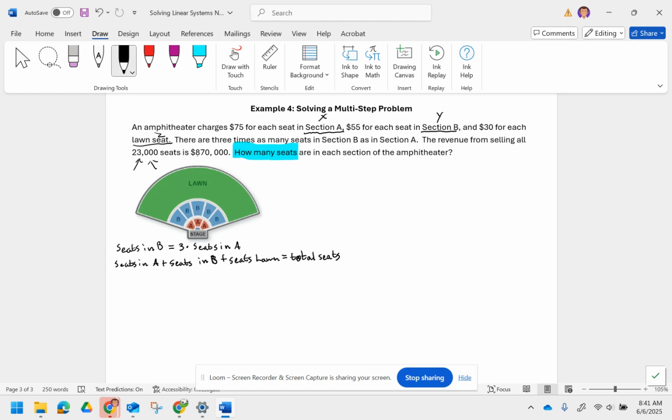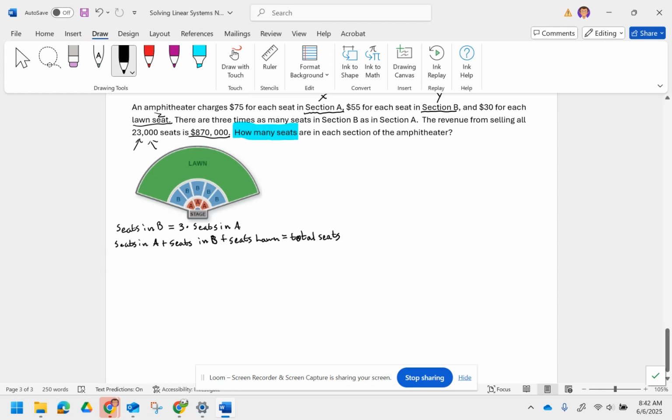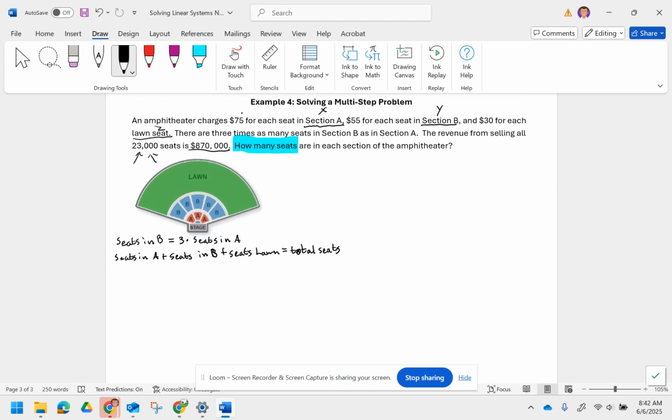Finally, they let us know how much money would be made if all the seats sold out. So we know how much revenue total, but what about the revenue from section A? Well, I know that it's $75 for each seat in section A. So if only one person bought a seat, 75. If 2 people bought a seat, 150.